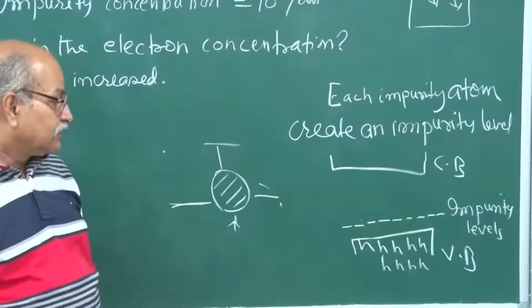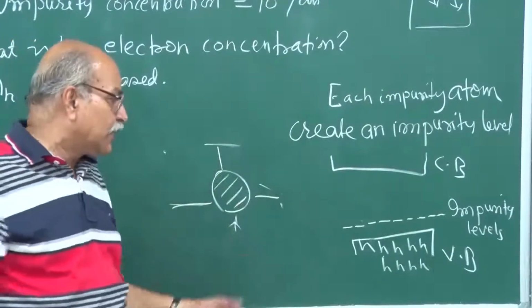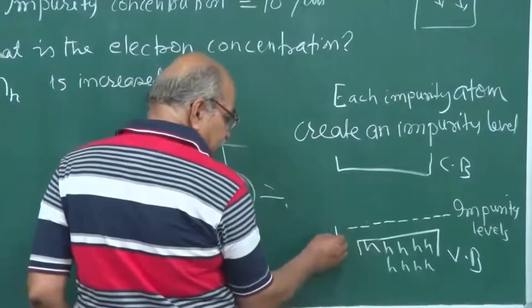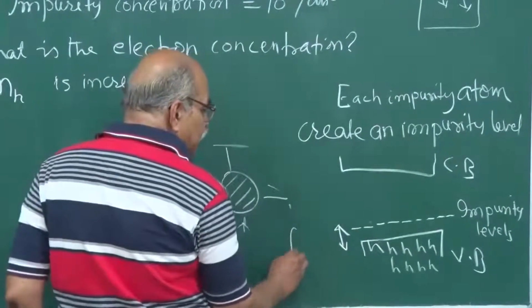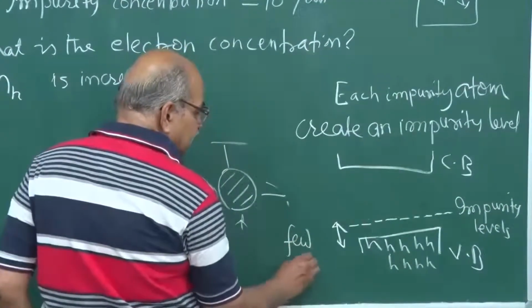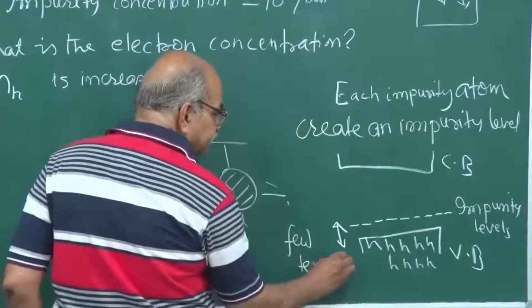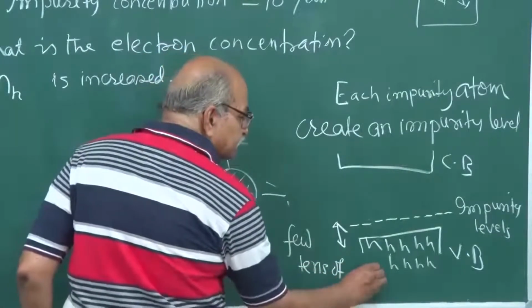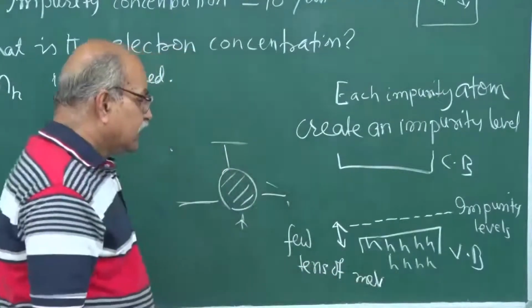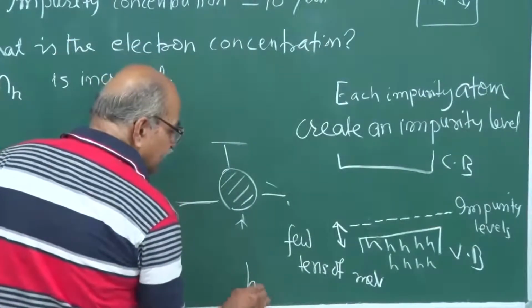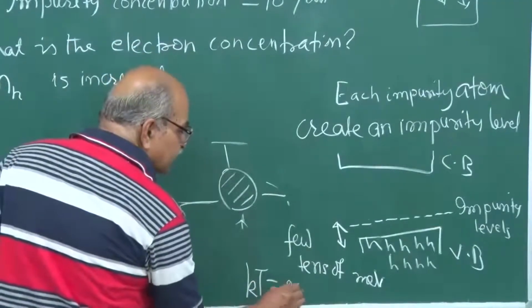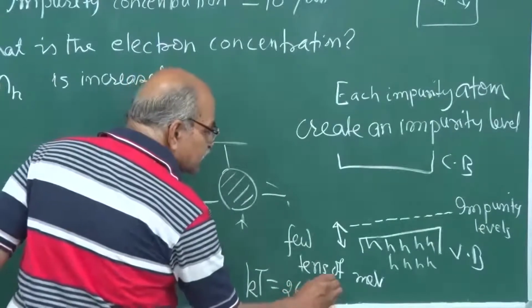But then this ionization is very quick, because this difference is small. This difference is only a few tenths of an electron volt, and kT itself, K times T, is at room temperature 26 meV.